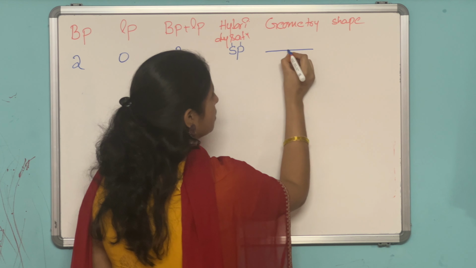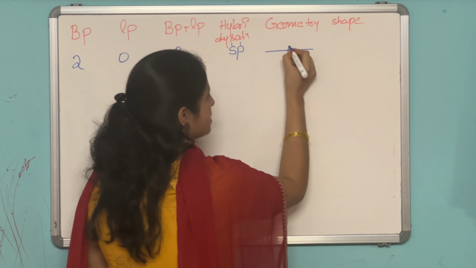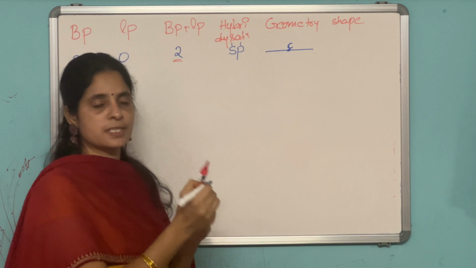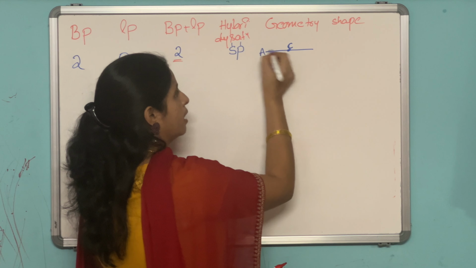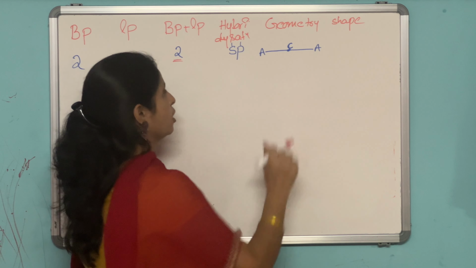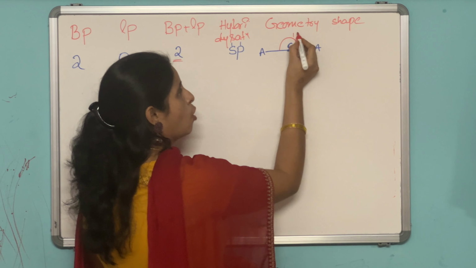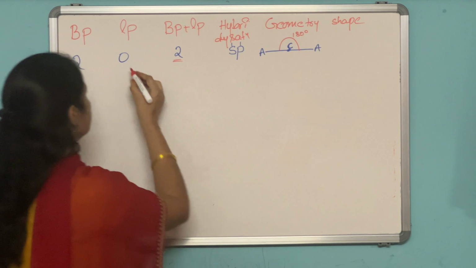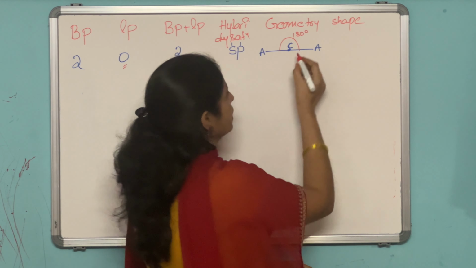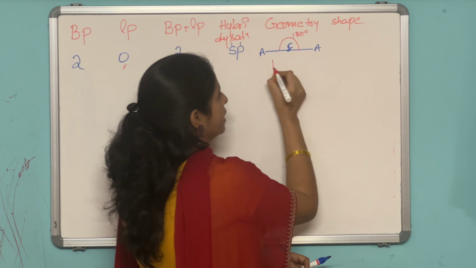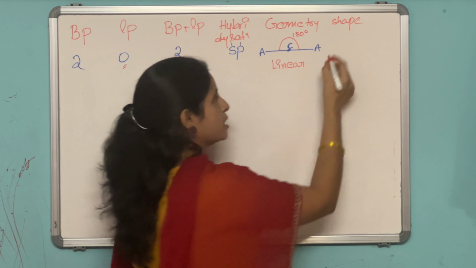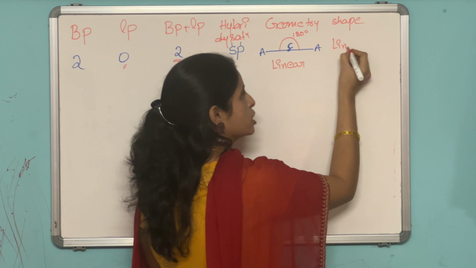Here you write the central atom C and two atoms like this, with a bond angle of 180 degrees. Lone pair of electrons is equal to 0. Here the geometry is linear, and the shape is also linear.